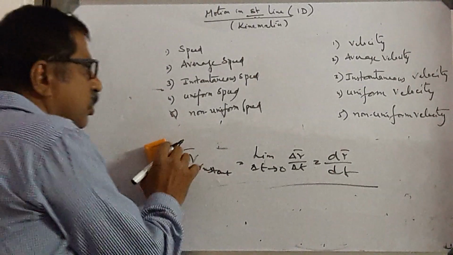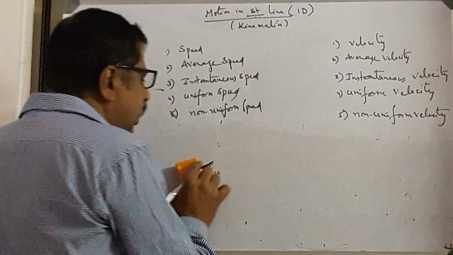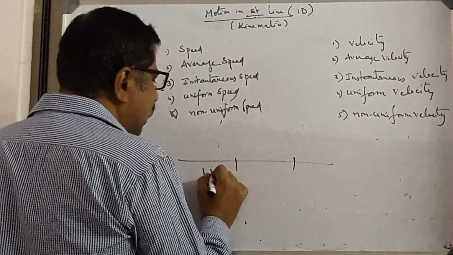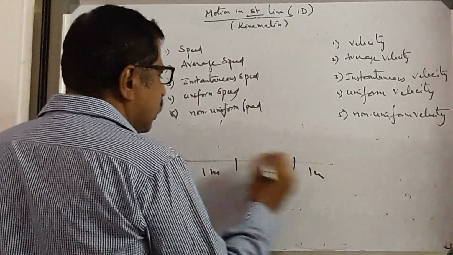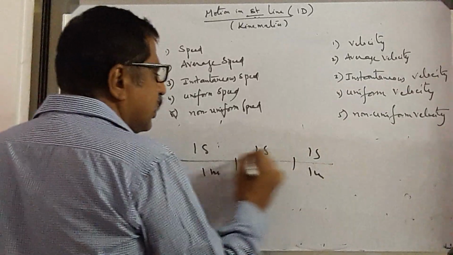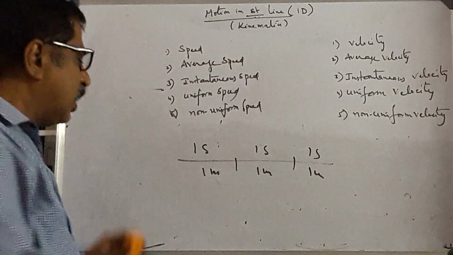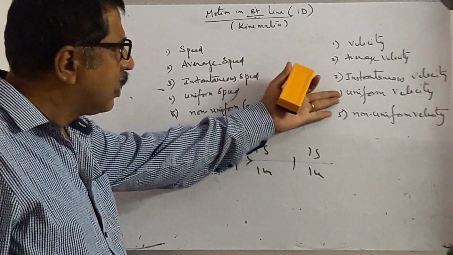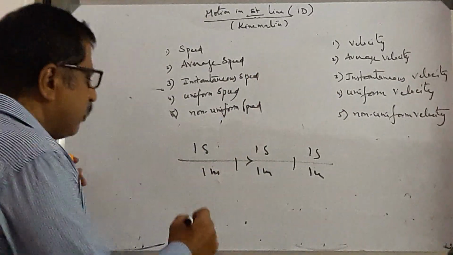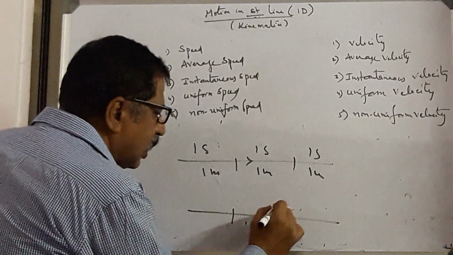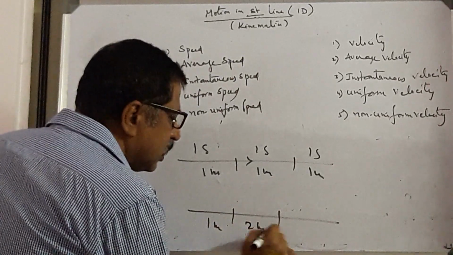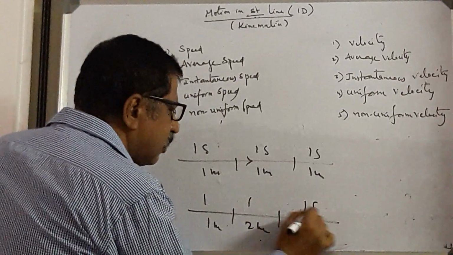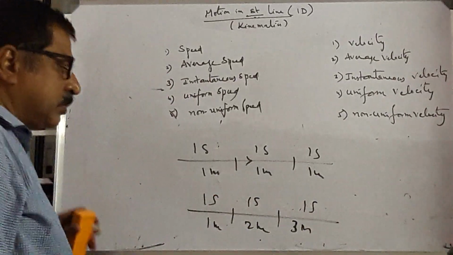Next one, uniform velocity. If a body travelled similar to uniform speed, that is, a body travelled equal displacements in equal intervals of time, then the body is said to be moving with a uniform velocity. Another way, non-uniform velocity means if a body covers unequal distances in equal intervals of time: 1 second, 1 second, 1 second, 1 second.